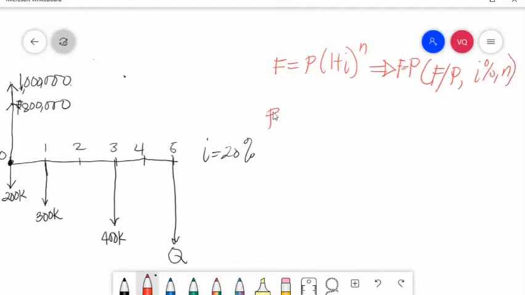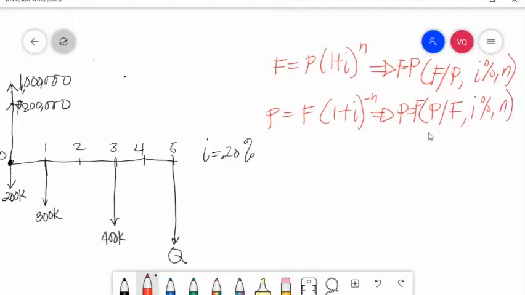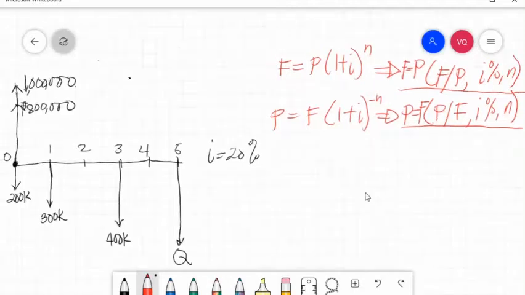And P equal to F times 1 plus i raised to negative n. Rewrite it as P equal to F times P over F, i percent, n. Now, we will go back to our cash flow diagram.